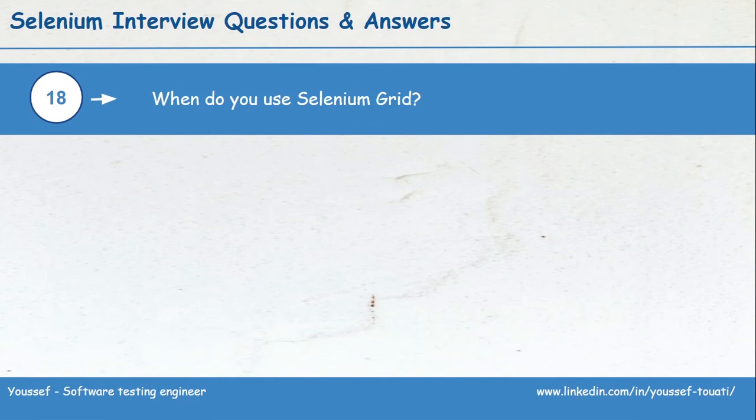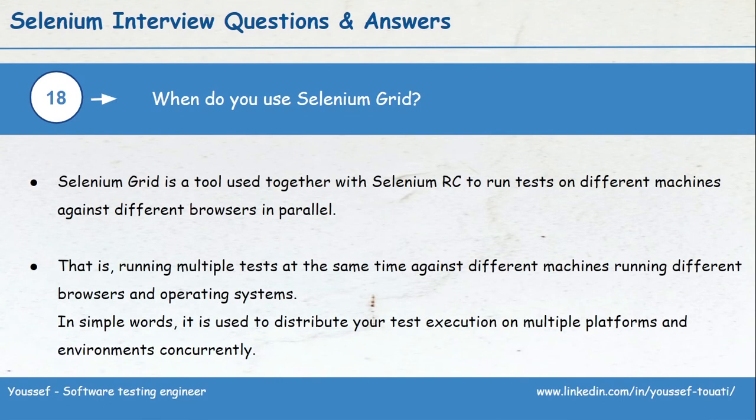Now we'll see when we use Selenium Grid. Selenium Grid is a tool used together with Selenium RC to run tests on different machines against different browsers in parallel. That is, running multiple tests at the same time against different machines, running different browsers and operating systems. In simple words, it is used to distribute your test execution on multiple platforms and environments concurrently.